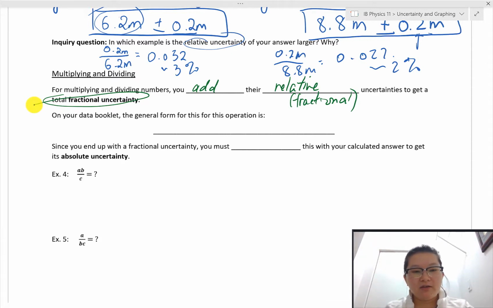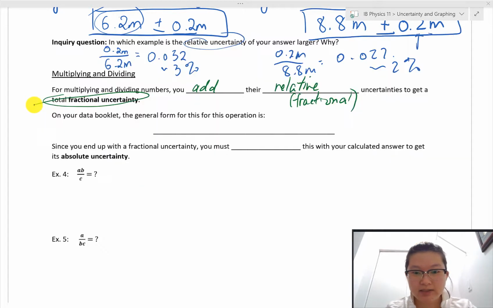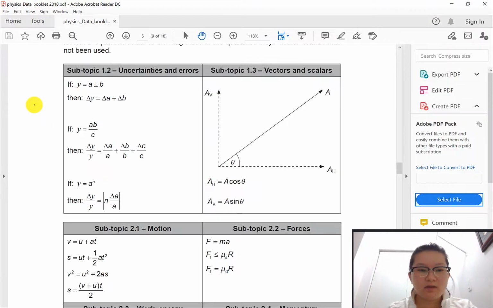And if you want to take a look at the data table in your IB data booklet, it looks like this. Notice here, if y is equal to, you take some numbers, you multiply them, divide them, then you will get a fractional uncertainty in the end.